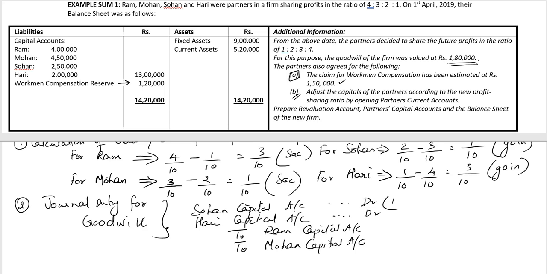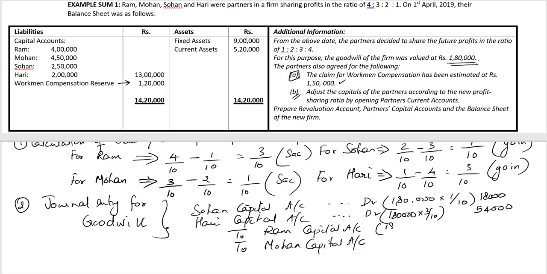Again Sohan, goodwill of the firm rupees 1,80,000 into gain of Sohan 1 by 10, 18,000 rupees. Against Hari, it's 1,80,000 into 3 by 10, 54,000 rupees.